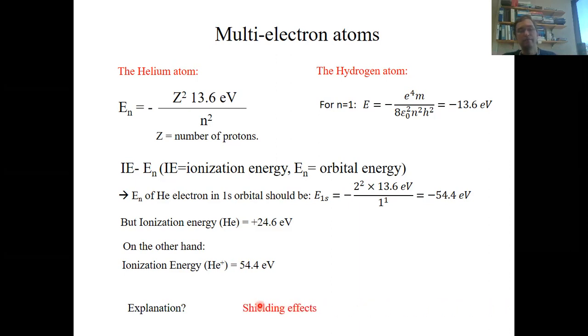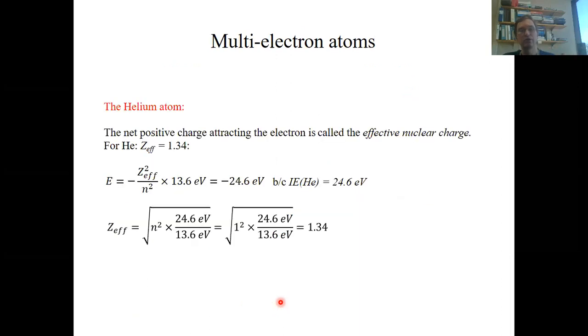So in other words, phrasing this a little bit differently, we can say that the first electron shields some of the nuclear charge from the second electron, so that the second electron doesn't experience the full attractive positive nuclear charge from the nucleus anymore, but only a reduced nuclear charge. We also call it the effective nuclear charge.